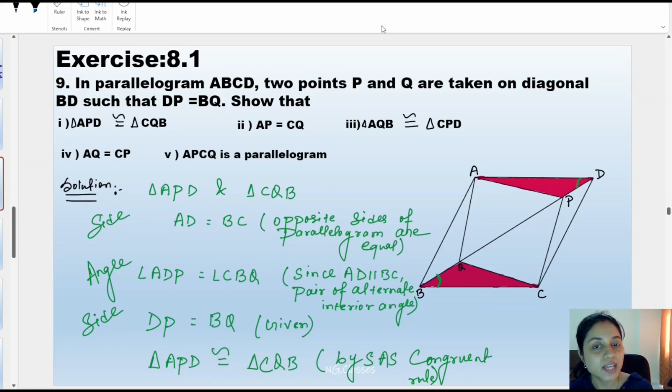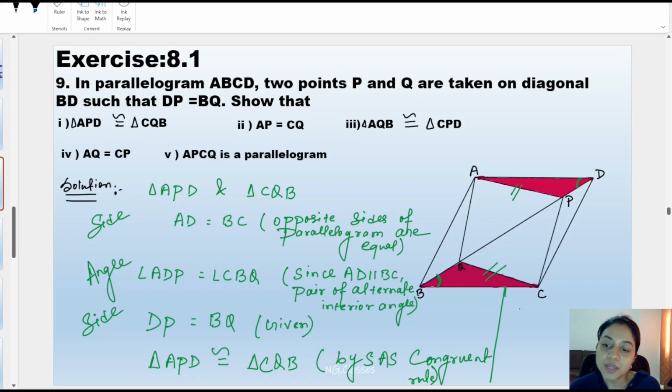Let's move to the next part. So the next part says AP is equal to CQ. Now, if we focus on these two triangles, that is APD and CQB, we can say that AP must be equal to CQ because these two are corresponding parts of congruent triangles.